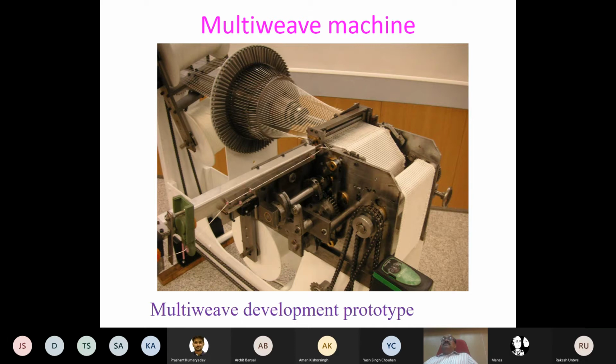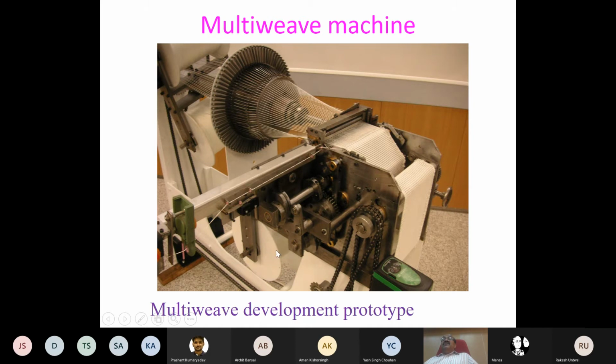Can you see 3 warp? Look at my cursor. This is 1 warp. This is 1 beam. This is second beam, second warp, and this is third warp coming from here. So this is 1 bias warp, that is 1 red color.